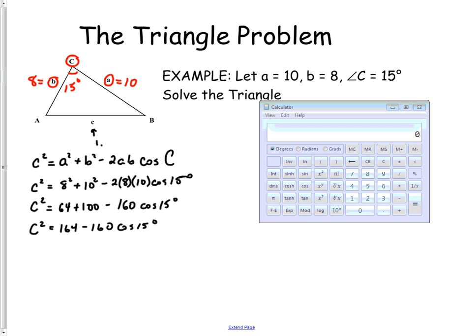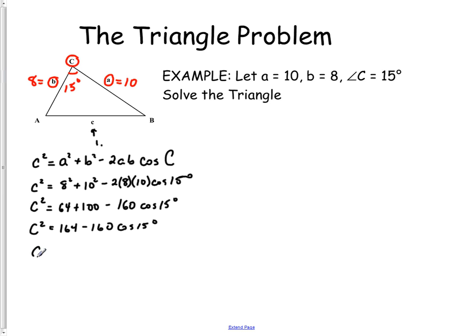So, getting out my trusty calculator, I take the cosine of 15 degrees, I multiply that result times 160, so I'd be subtracting 154.548.